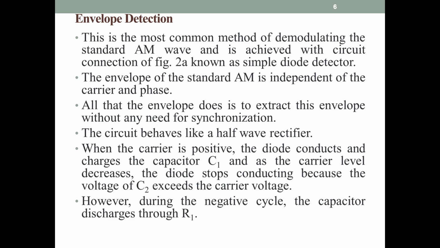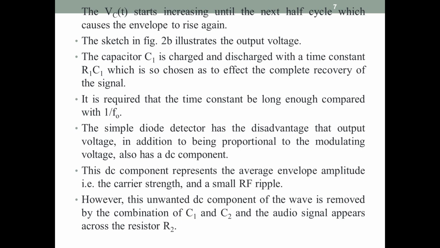When the carrier is positive, the diode conducts and charges the capacitor C1, and as the carrier level decreases, the diode stops conducting because the voltage of C2 exceeds the carrier voltage. However, during the negative cycle, the capacitor discharges through R1.